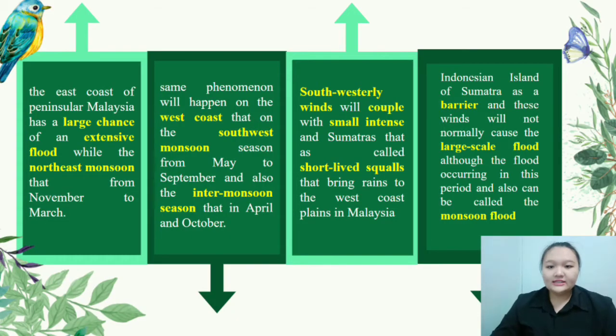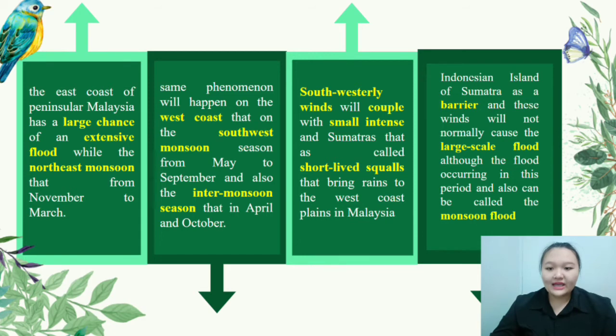In Malaysia, the east coast of Peninsular Malaysia has a large chance of intensive flood when the northeast monsoon occurs from November to March. The same phenomenon will happen on the west coast during the southwest monsoon season from May to September, and also the inter-monsoon season in April and October.